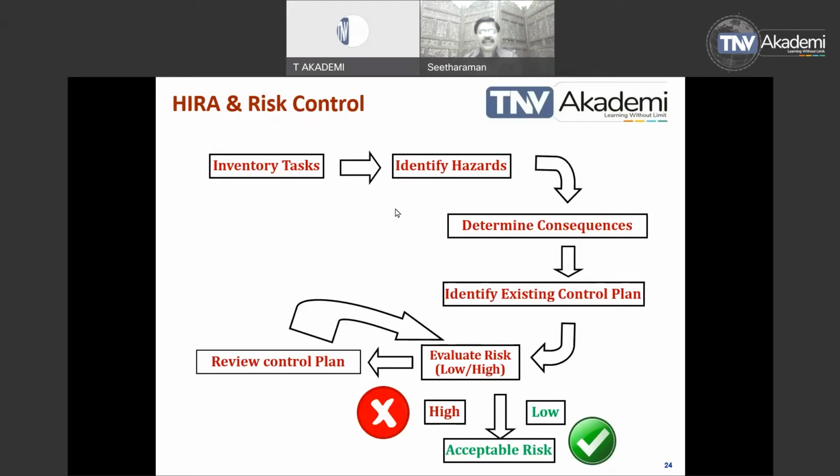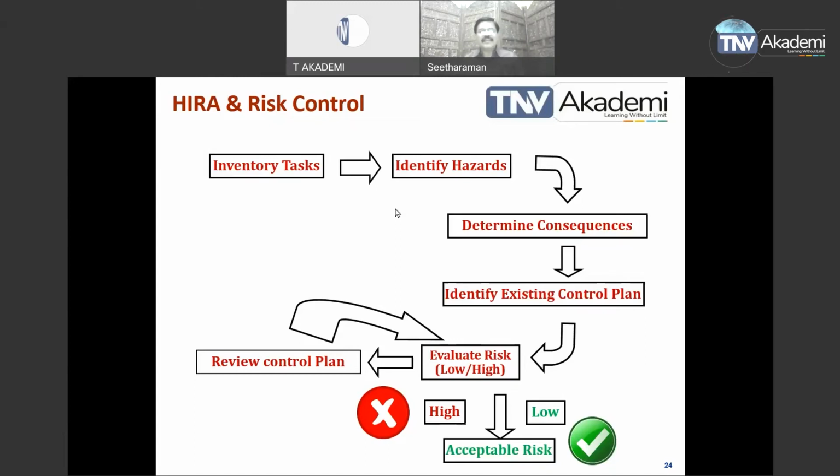For working at height, there may be a seat belt, a proper ladder, railings, and safety shoes. Proper lighting arrangement is perfect, and people are aware of working at height because training is given. So these are the current controls we have got. Now you pass these consequences through the filter of controls and then evaluate the risk.